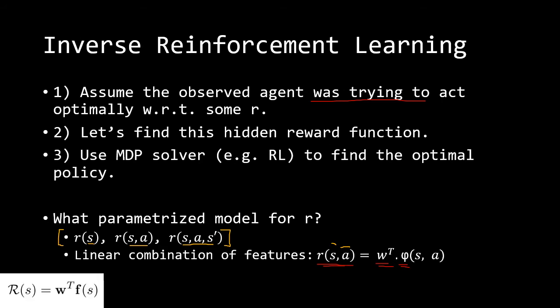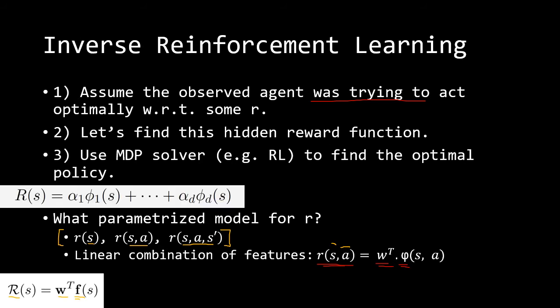So the reward, capital R, but it's a reward for one step, is the dot product of the weight vector times the feature vector, but it's only a function of S. That's written another way, where it's not F, it's phi or psi, another character, which is the first feature multiplied by the first weight, and so on. And instead of having W here, it's just alpha, and instead of having F, this is phi. But basically it's just a dot product, and again a function of S.